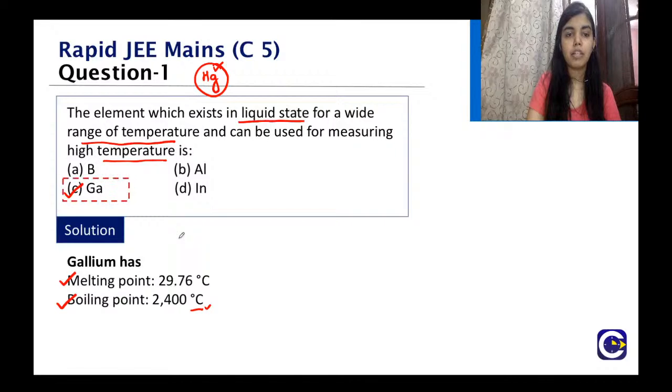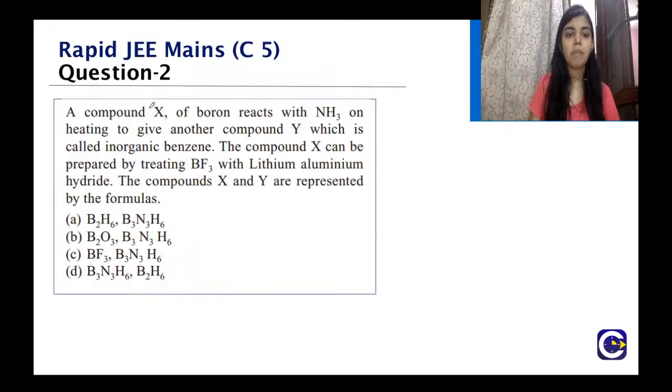Next, a compound X of boron reacts with ammonia on heating to give another compound Y, which is called inorganic benzene. Now this is very important. Inorganic benzene is basically B3N3H6.